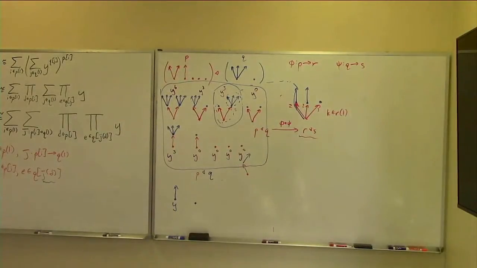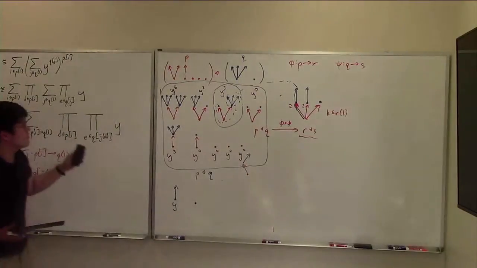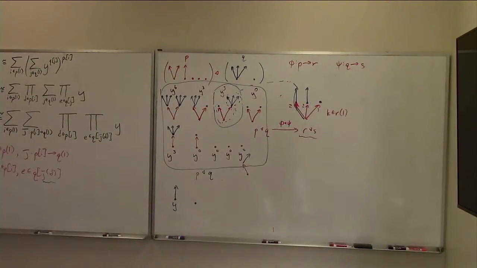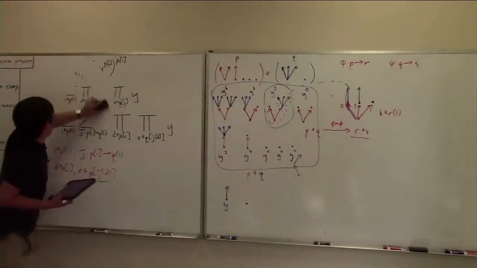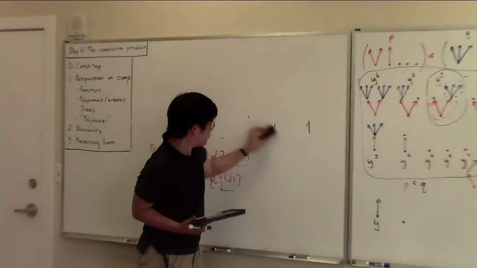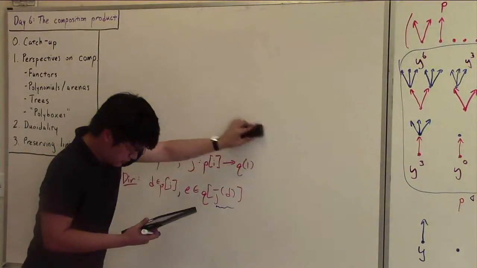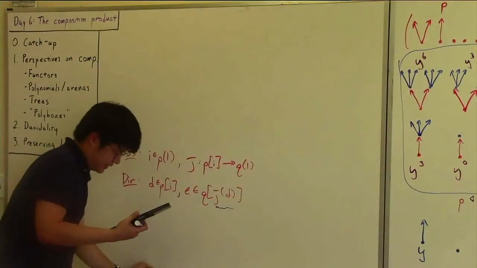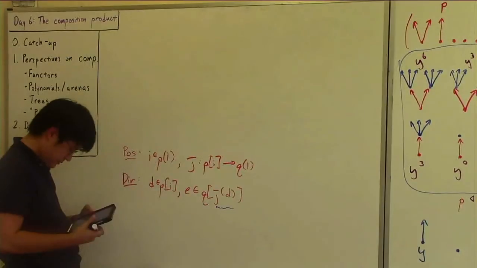There is a particular way we like to write morphisms whenever these composites are involved, that I think David used briefly on day 3. But I'll mention it again because it's going to come in handy.